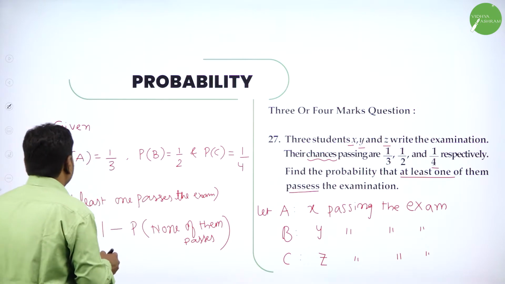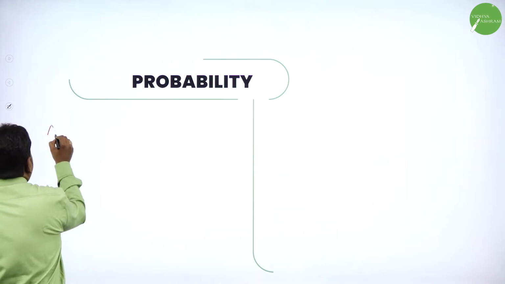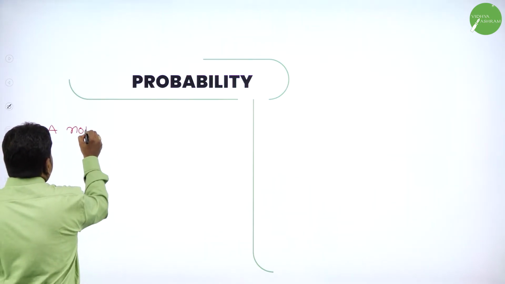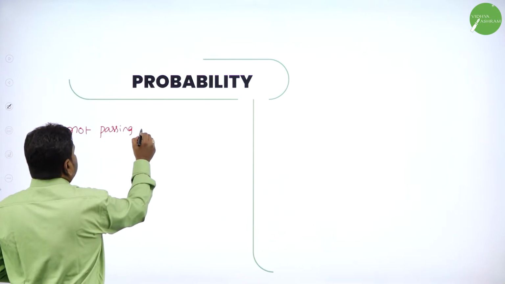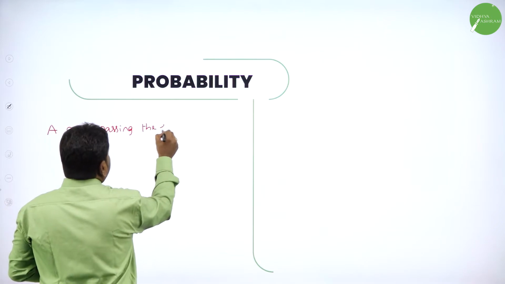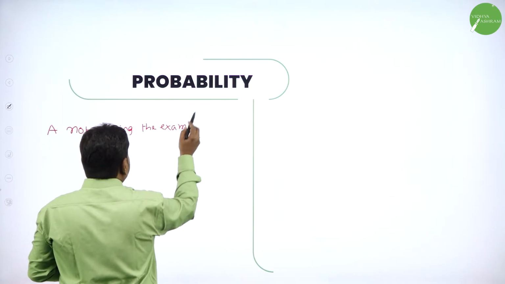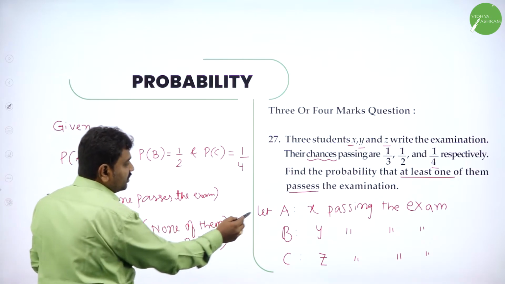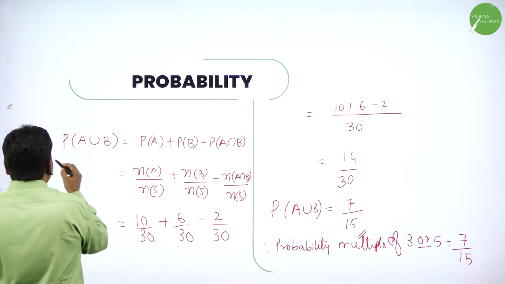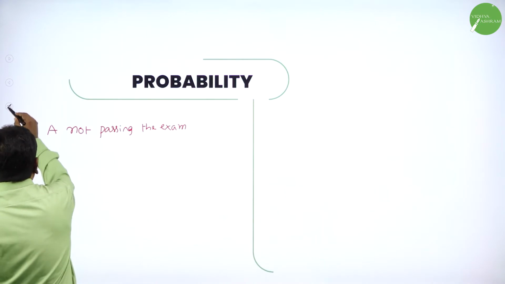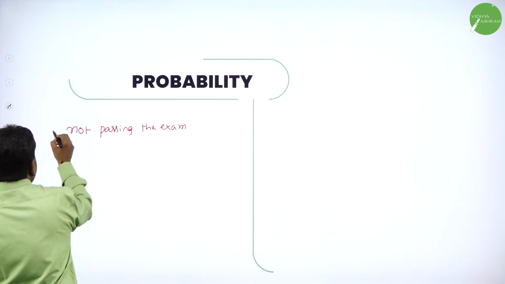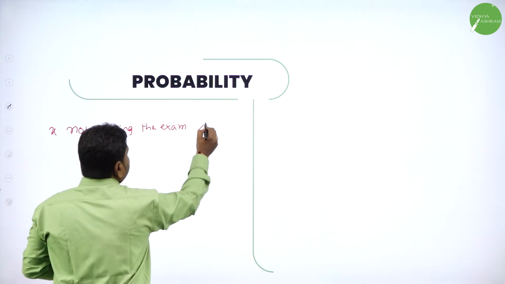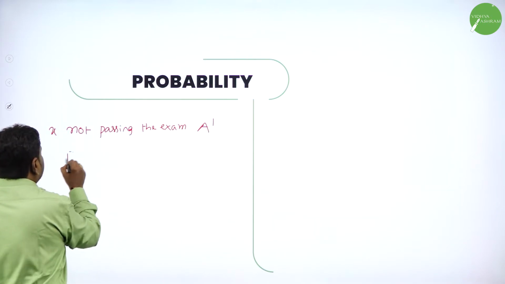Now, see here, A not passing the exam. Passing the exam means A dash. Event A means X passing the exam. Similarly, X not passing the exam means A dash. Now what is P of A dash?